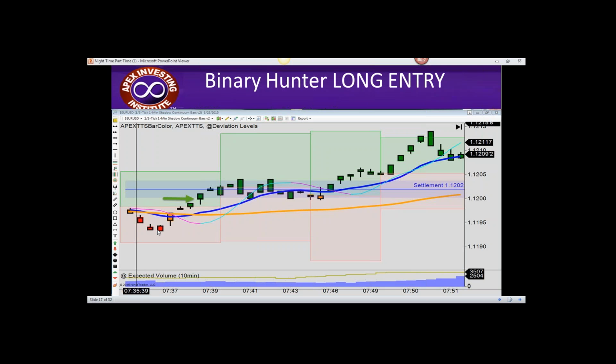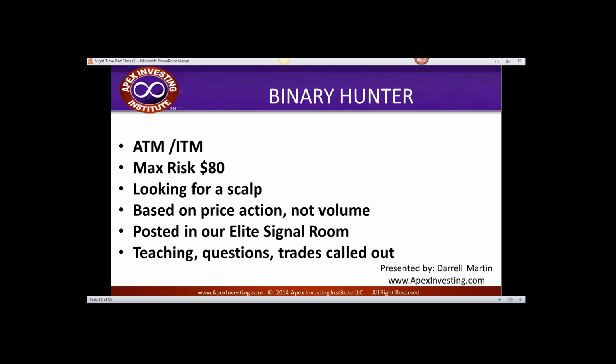Meaning, with this system, we're not looking for the volume necessarily. We're not looking for the quick volume. What we're looking at is this one's based on price. Okay, this one is more based on, we're using at the money or in the money binaries.